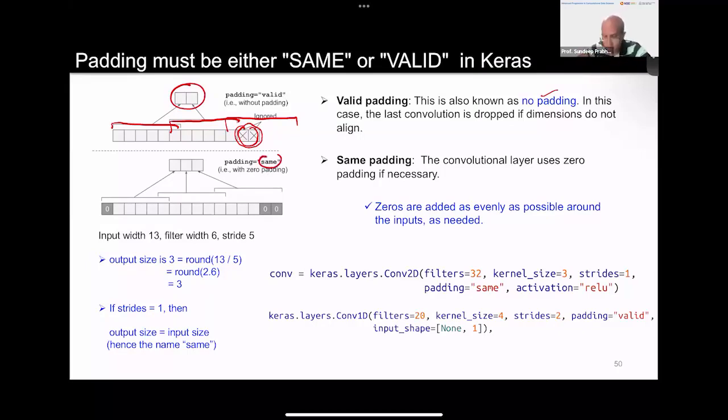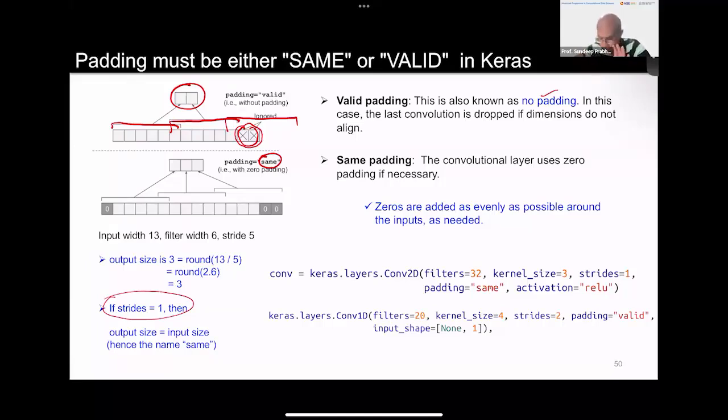The same padding, if I use same padding as an argument, this is going to pad zeros in such a way that if I use a stride of 1, the size of the input and the output should be the same. That is why the name same comes in.